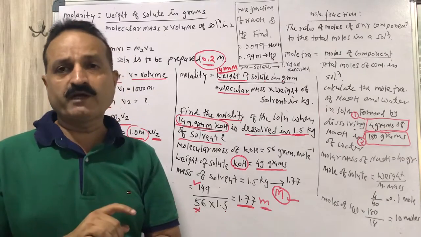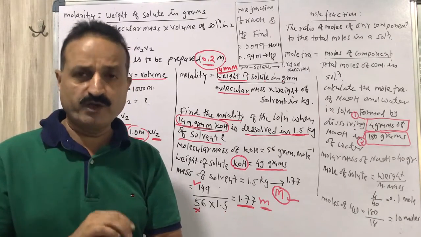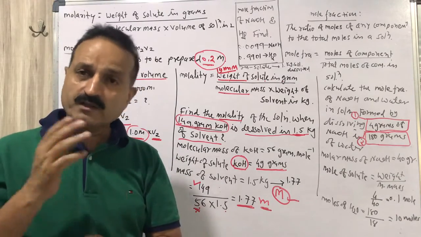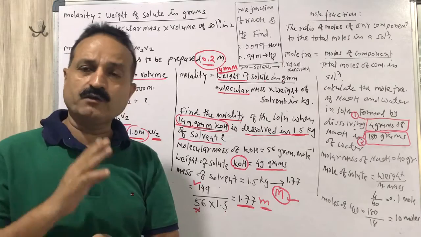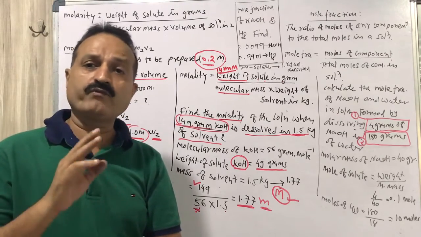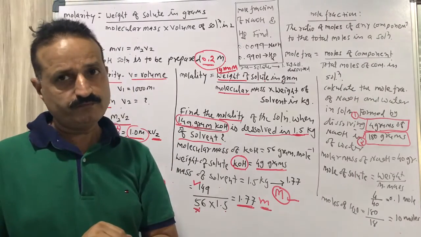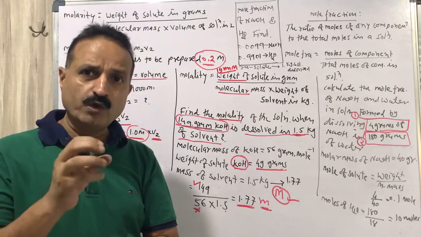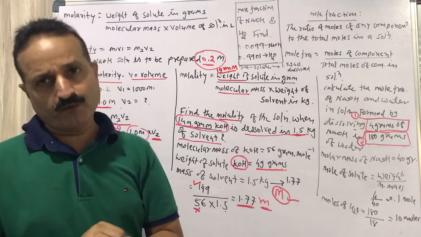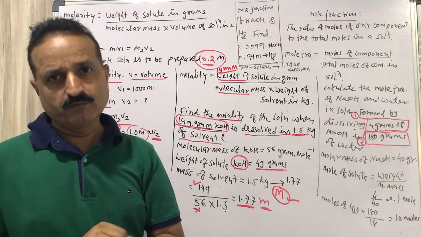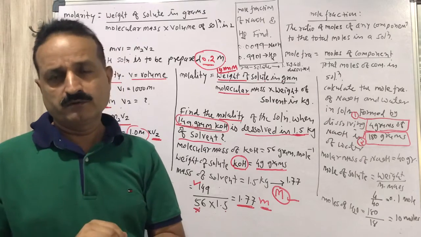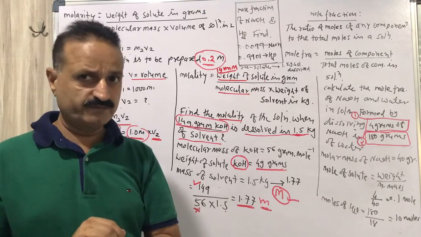So first we will find out the moles of NaOH, then the moles of H2O, then the mole fraction of NaOH, and then the mole fraction of H2O. Ratio of moles of component and total moles of all components. This is the formula.